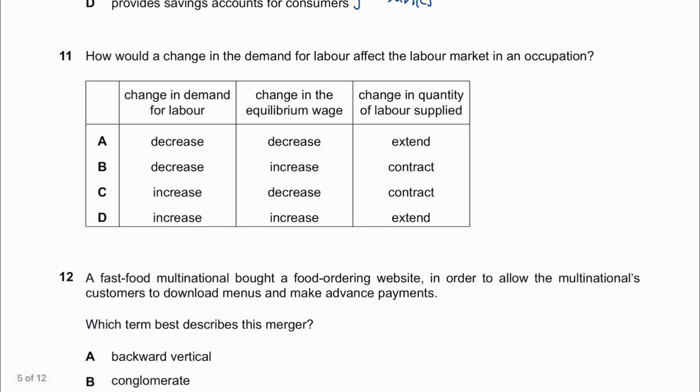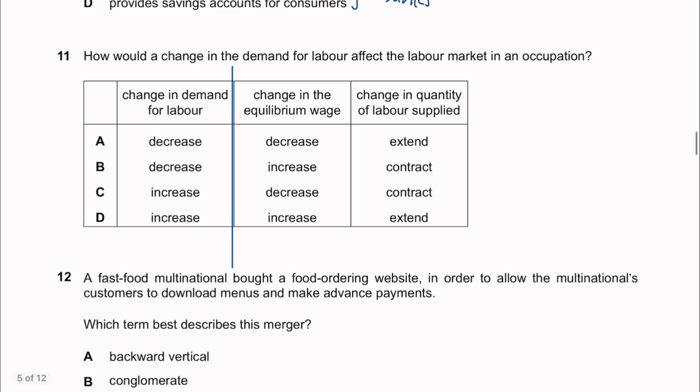11. How would a change in demand for labor affect the labor market in an occupation? So C. Let's see, change in demand for labor, change in the equilibrium wage, change in the quantity of labor supply. From here we can divide into two parts. Actually, these two factors are affecting each other.